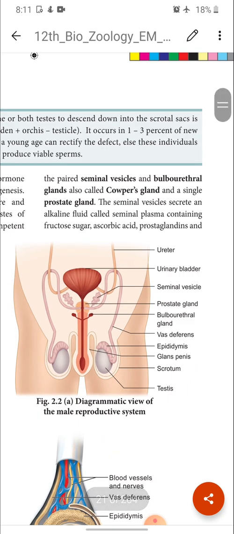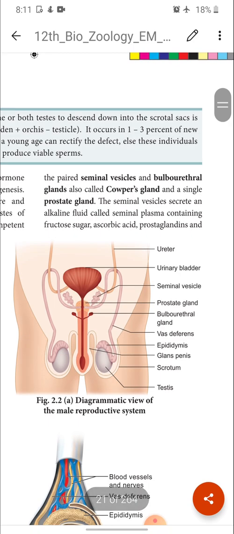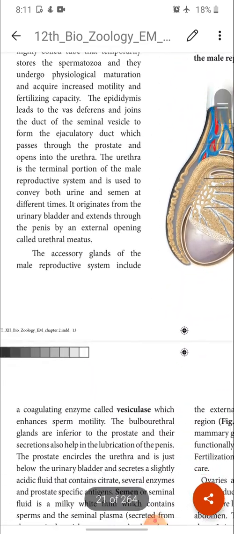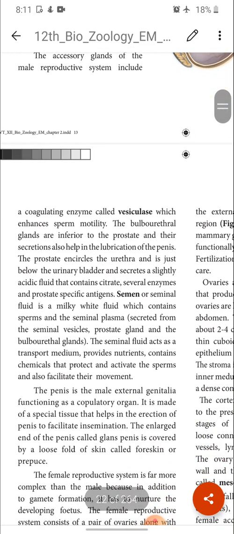And what are the constituents present in the secretion of the seminal vesicles, or seminal plasma? It contains fructose sugar, ascorbic acid, prostaglandins and the coagulating enzyme called vesiculase, which enhances the sperm motility. Okay, these are the substances: sugar, ascorbic acid, prostaglandins and vesiculase, the 4 substances present in the secretion of the seminal vesicle, which enhance the sperm motility.